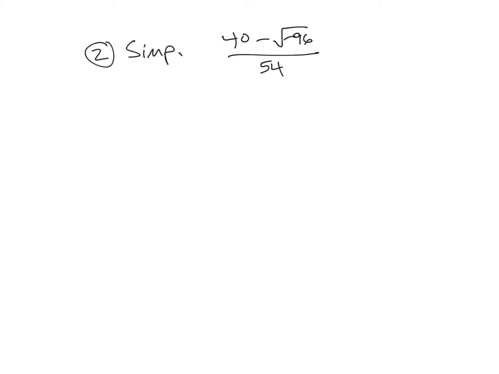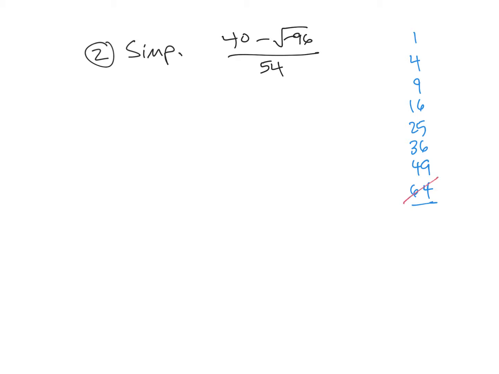My perfect squares are 1, but nobody cares about 1, 4, 9, 16, 25, 36, 49, 64. At some point we get too big and it doesn't become a meaningful number. So I'm going to start at 64. And I'm going to go, okay, 96 divided by 64, is that a whole number?